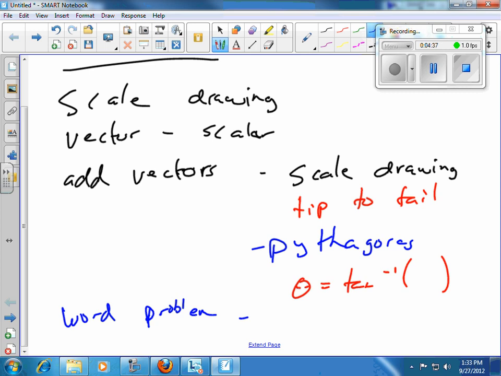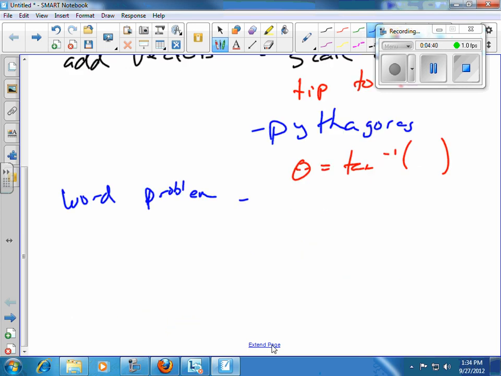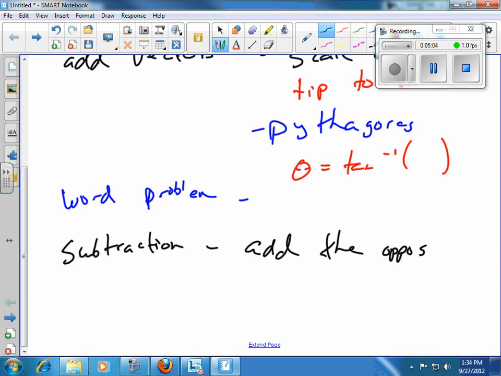Okay? So that's that. Now, we also have to deal with subtraction of vectors. And we learned that to do subtraction of vectors, what do we do? Maybe you should listen. How about we add the opposite? Is that not what we agreed yesterday? We add the opposite.